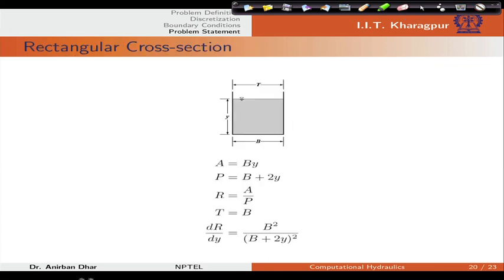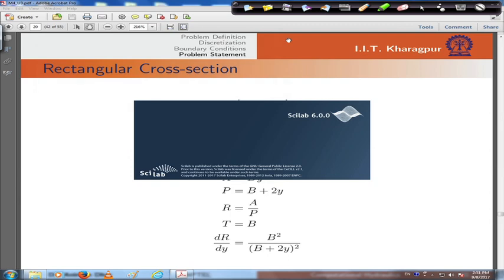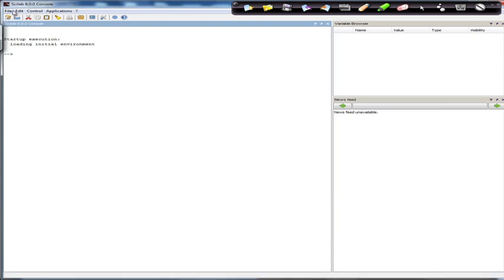Now, if we take our Scilab, again I have written one code so that we can simulate this channel flow condition.